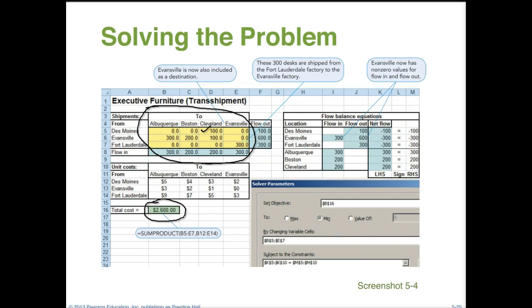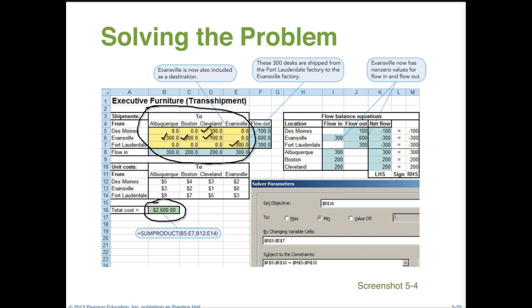But for the most part, Evansville has 300 going to Albuquerque, Evansville has 200 going to Boston, and Evansville has 100 going to Cleveland. And of course, for Fort Lauderdale, it seems like all that product is going to Evansville.